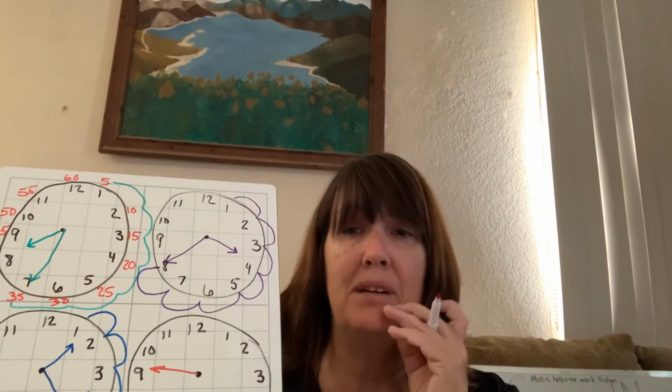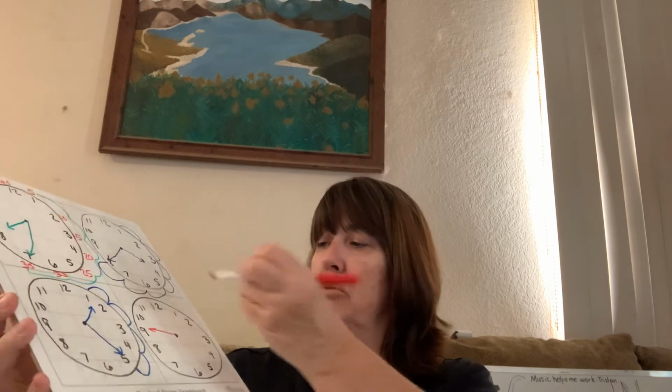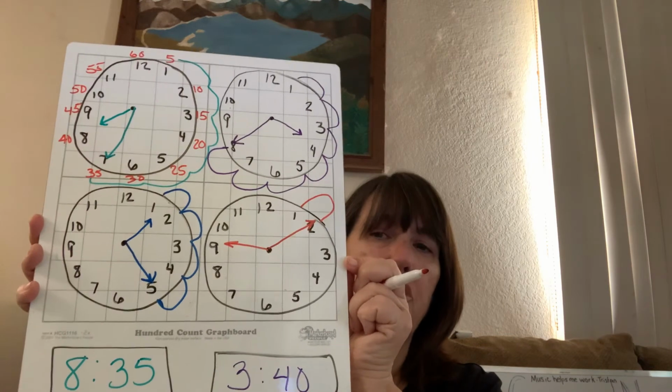Okay, you're going to make the minute hand. So counting would be great. So now we're looking at 9, 10. So let's start with where the 1 is, 5, 10. So our minute hand is going to go up to the 2.